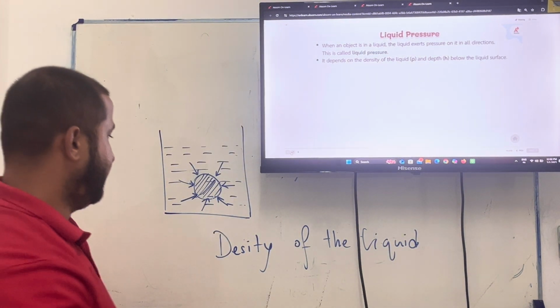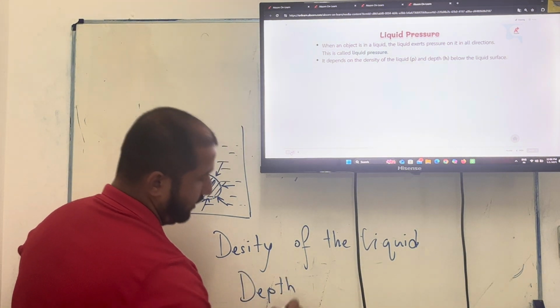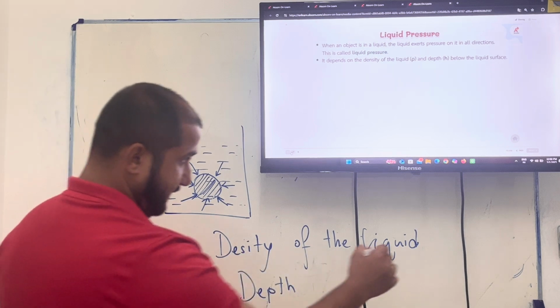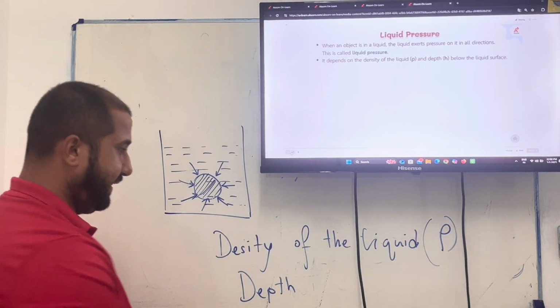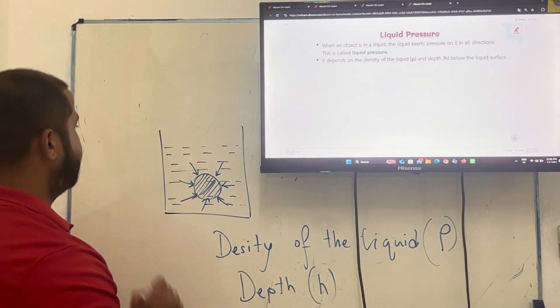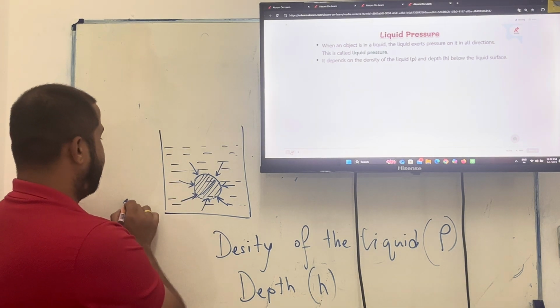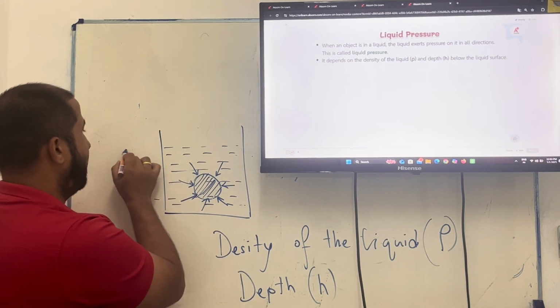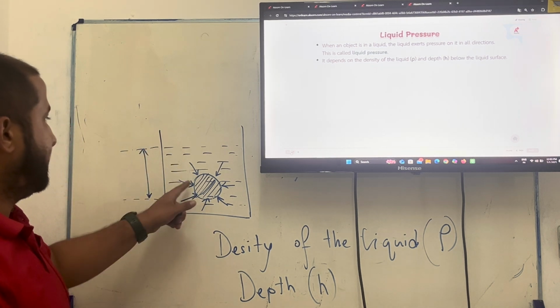Another thing is called depth of the liquid. Density is represented by rho, and depth is represented by H. If this is the object, the depth will be from the top of the liquid to where the object is placed.